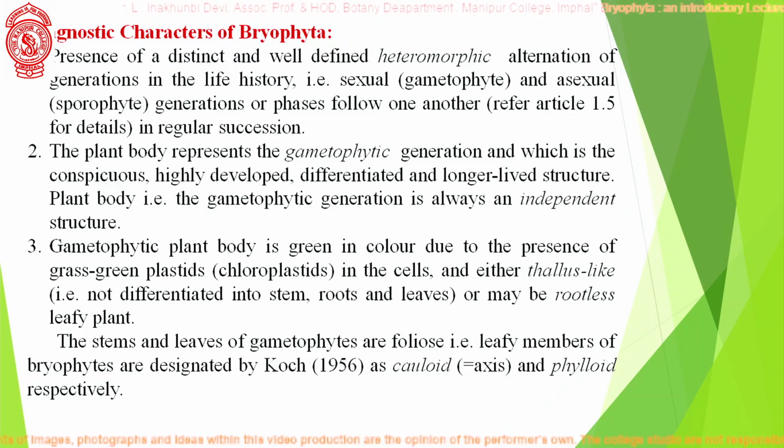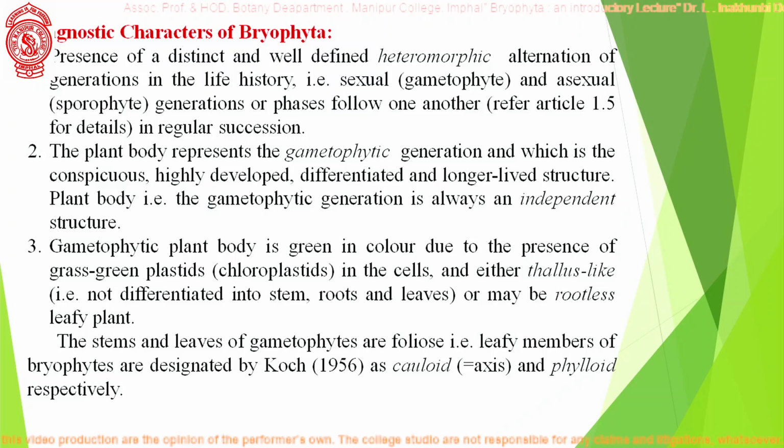That means the plant body represents an independent structure having the chlorophyllous tissue, that is, grass green chlorophyllous tissue, which can manufacture their own food. So, they belong to that independent structure. And the gametophytic plant body is green in color.